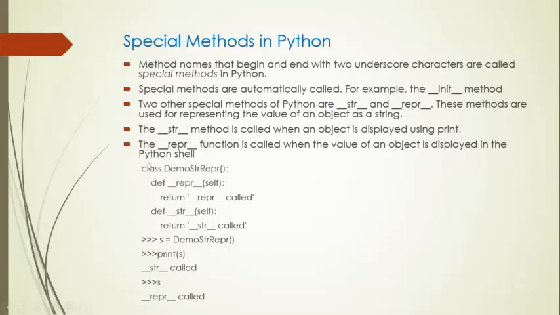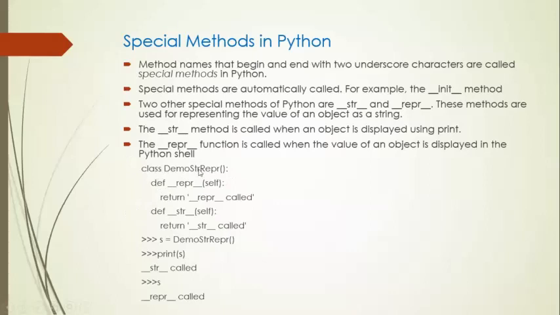So let us see this program. In order to understand these special methods, let us take a class. The class DEMO STR REPR is the name of the class, and you can keep empty parentheses after the class name, or you can remove them, no problem.